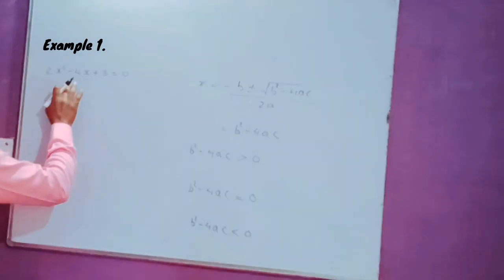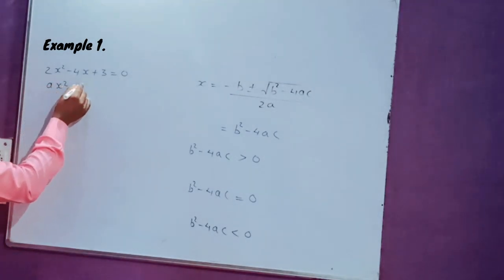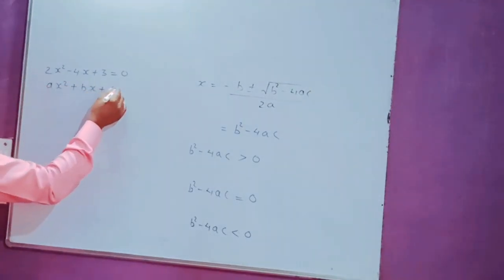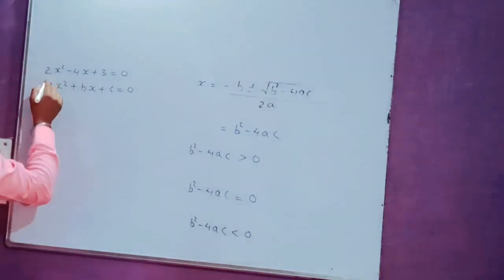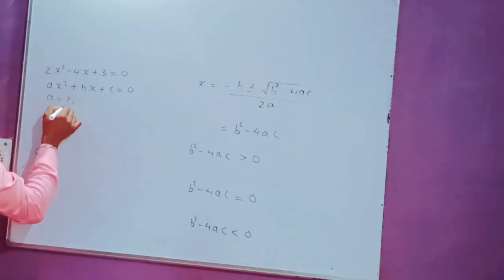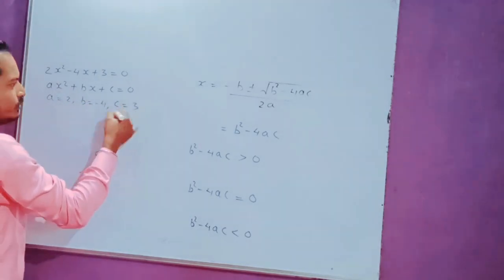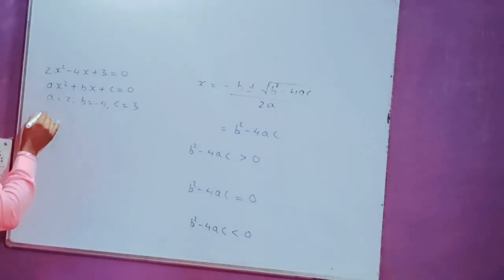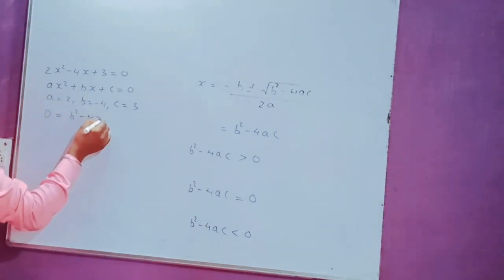So if we compare this equation with the standard form of quadratic equation, which is ax square plus bx plus c is equal to 0, then a is equal to 2, b is equal to minus 4, and c is equal to 3. Now find the discriminant D, that is b square minus 4ac.